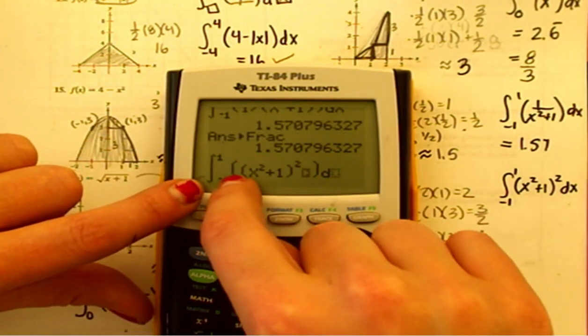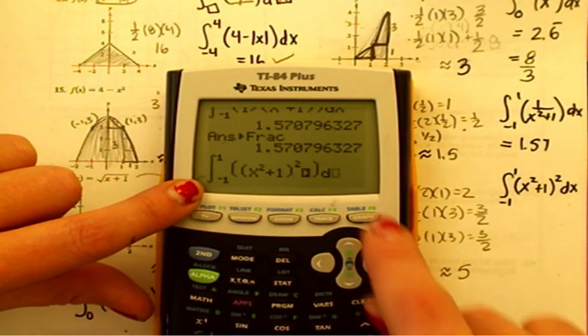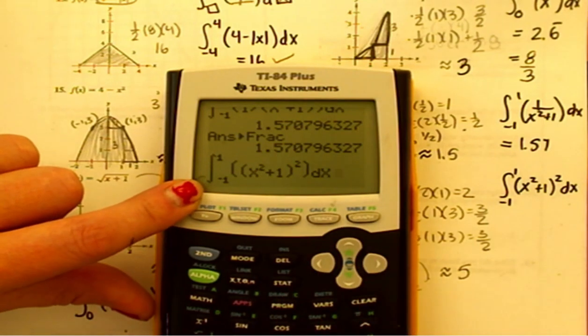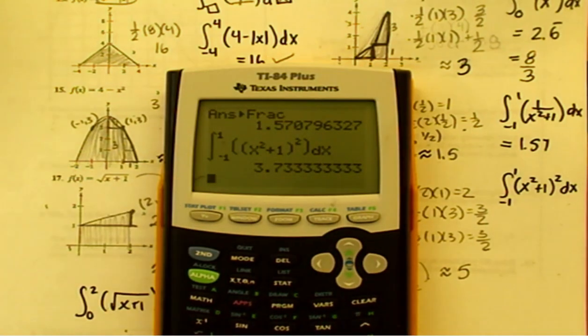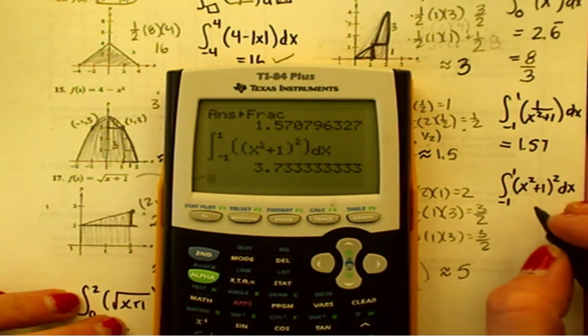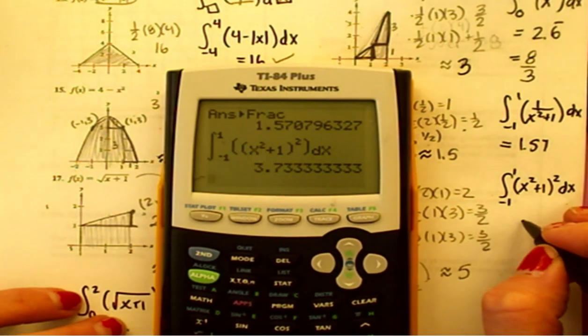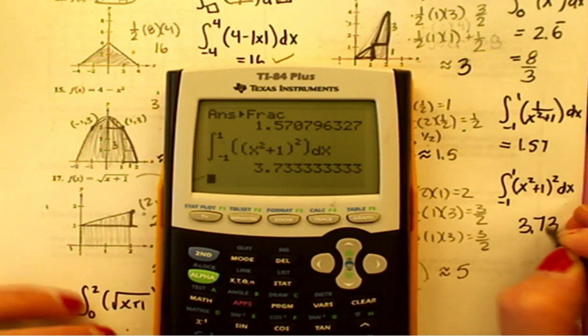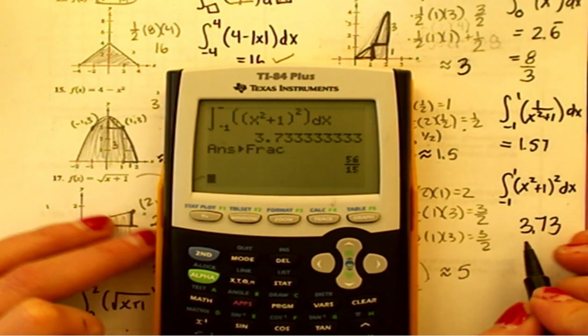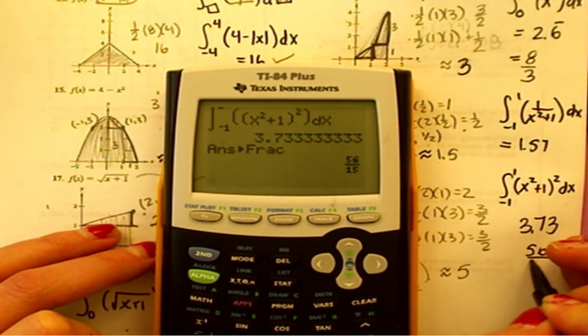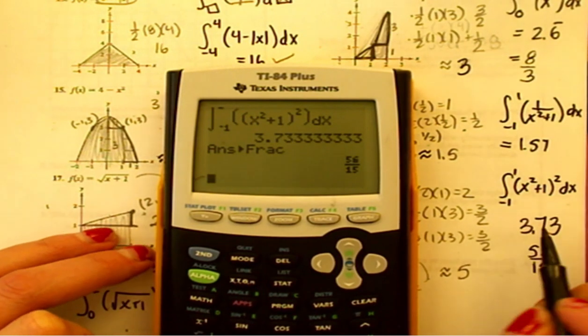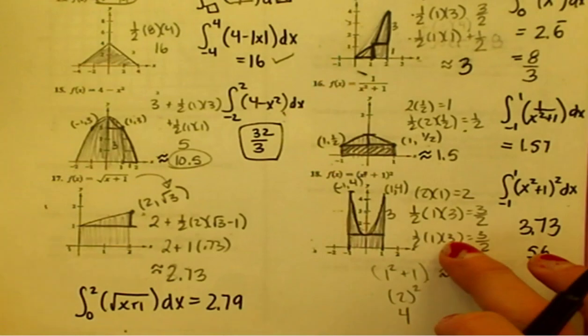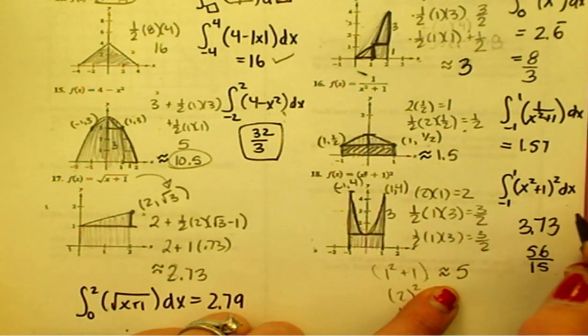You've got the original parentheses and you've got the parentheses inside. I get 3.7. Or 56/15. Now this one seems to be quite an overestimate here, but I guess sometimes that happens.